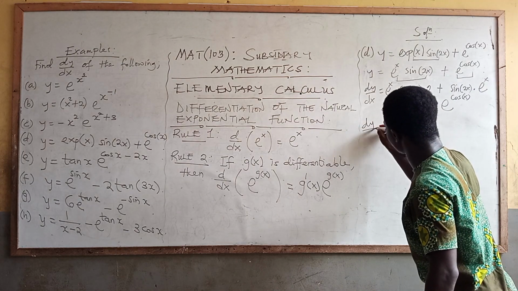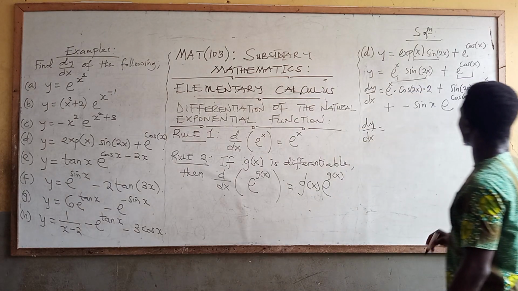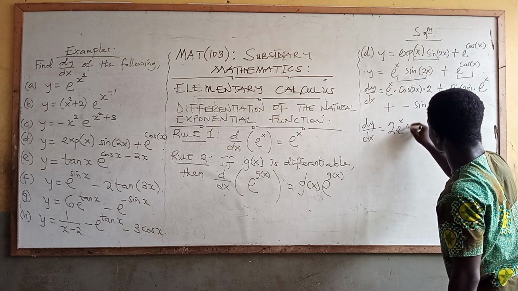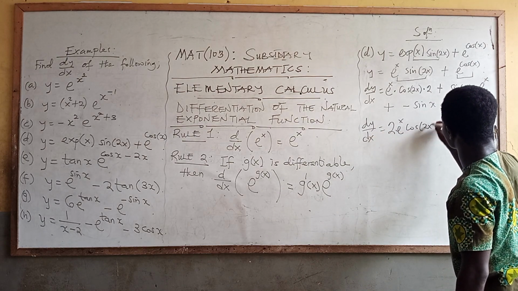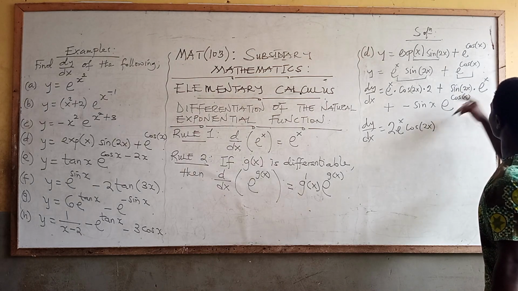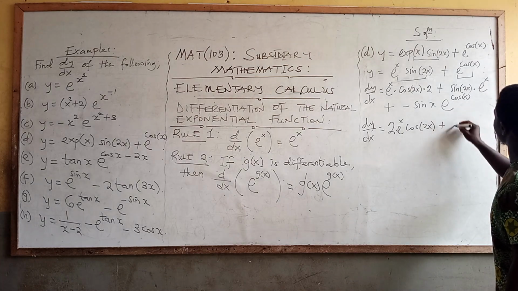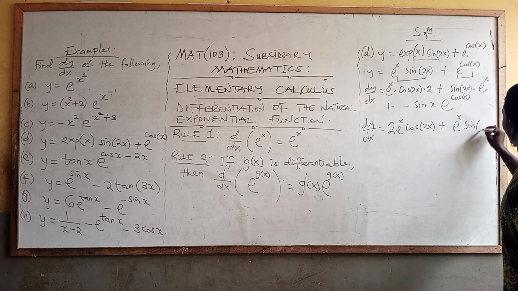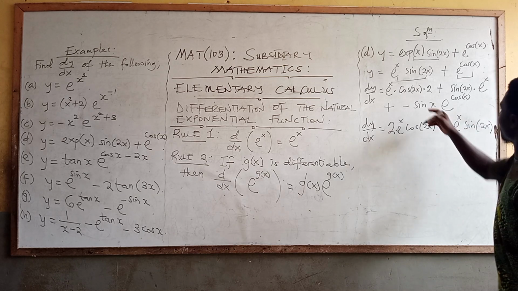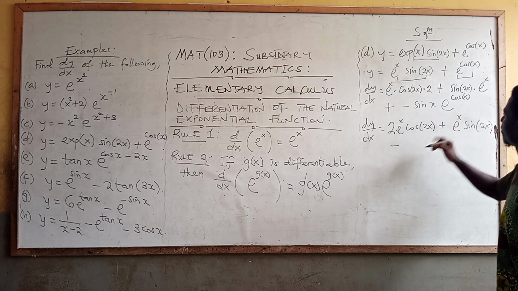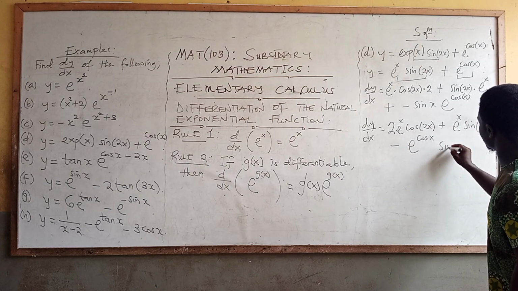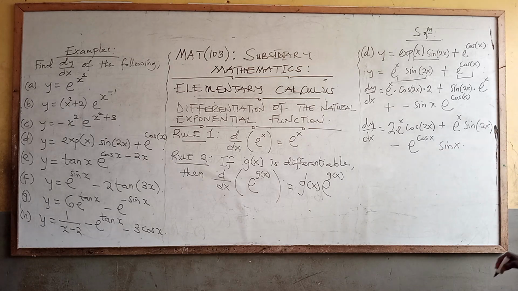I have dy/dx, which must be equal to 2 multiplied by e to the x, then I have my cos 2x. Then we have plus e to the power x sine 2x. Then our minus e to the power cos x sine x, which is very, very simple.